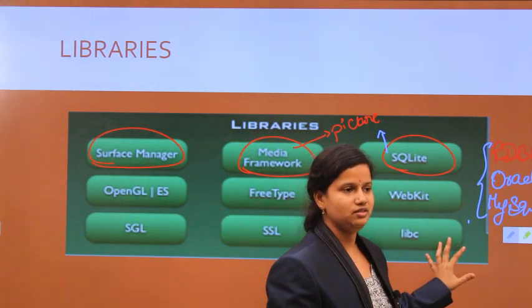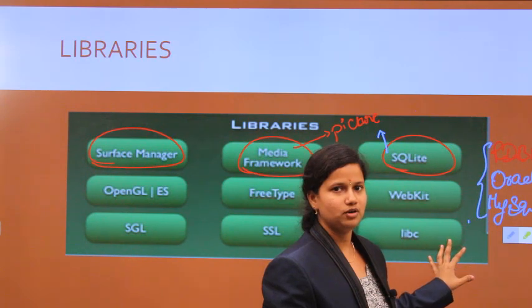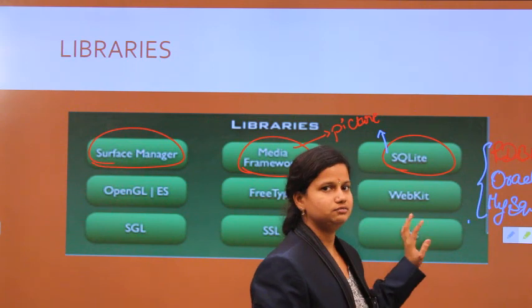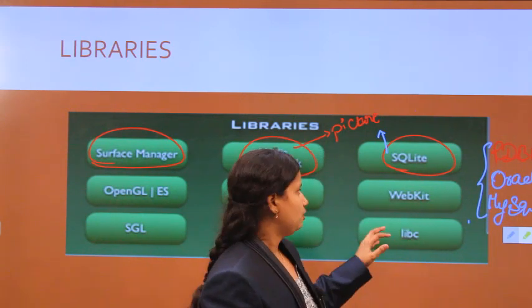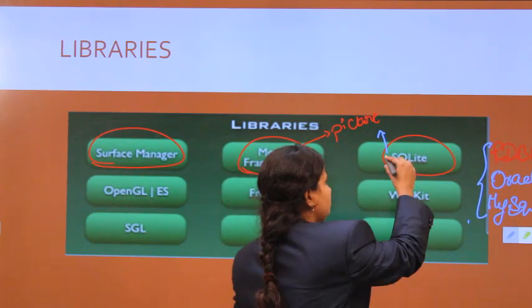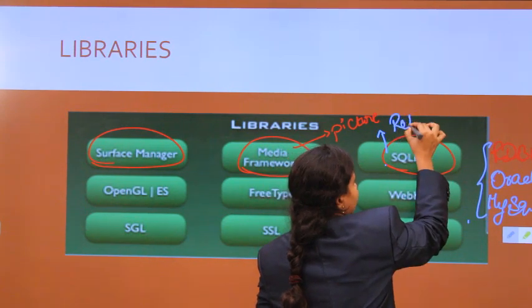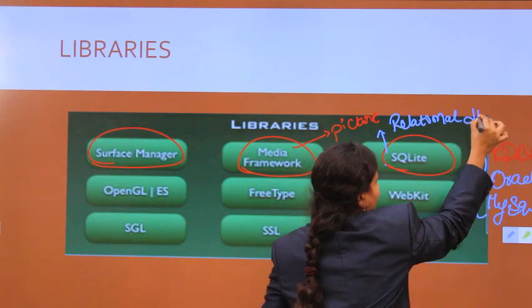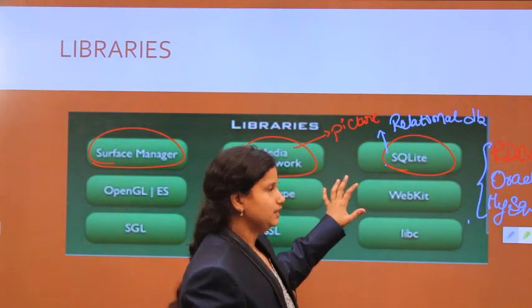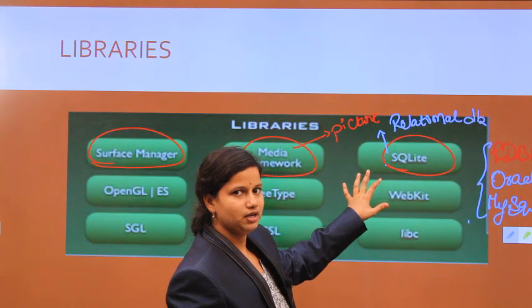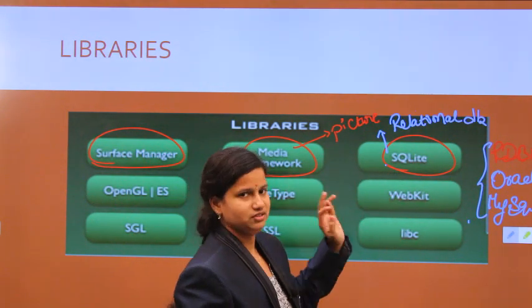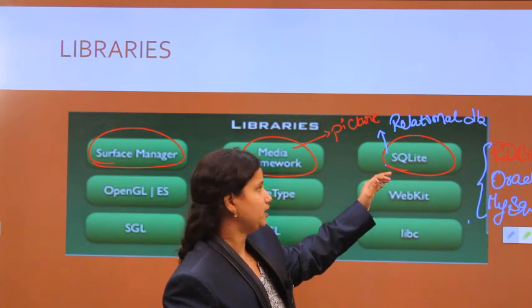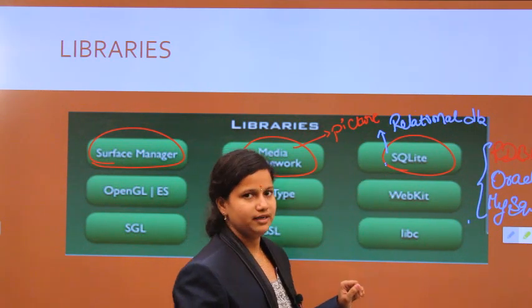If your application occupies more space, people are not interested in using it. That's why, to reduce the memory, we go with the SQLite database. SQLite database is also a relational database format, but it is a lightweight database. That's why we are going with the SQLite database. The entire database related information is stored and managed by this SQLite database.